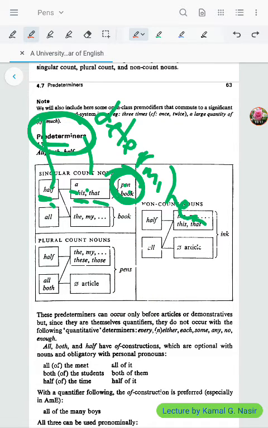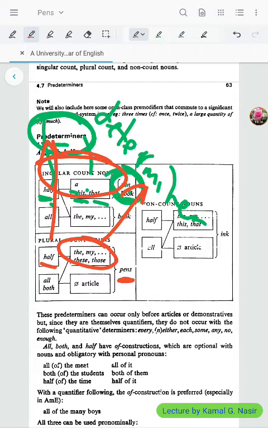We come to the second group, with the singular countable noun and with the plural countable noun. Half, for example, is a predeterminer. The, these, those and my are determiners. Pens is the head noun.